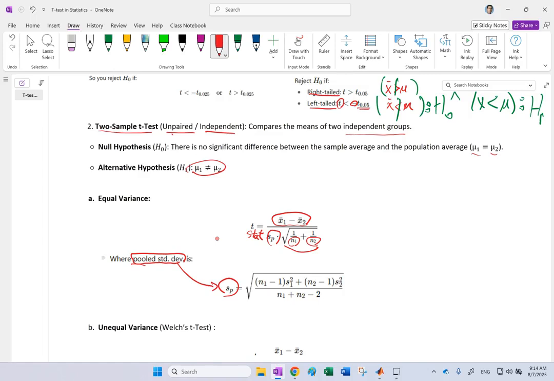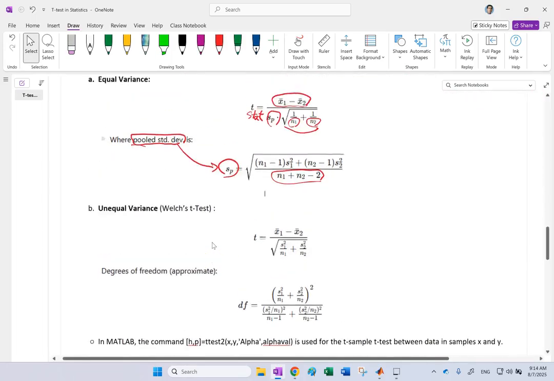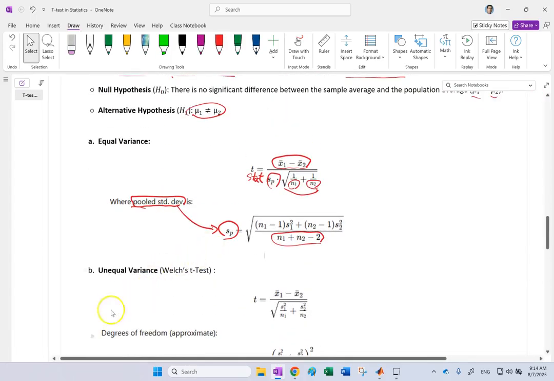And the pooled standard deviation is (n1 minus 1) times s1 squared plus (n2 minus 1) times s2 squared, divided by n1 plus n2 minus 2. And this is basically the degree of freedom that you have in this case. So this guy here is your degree of freedom.